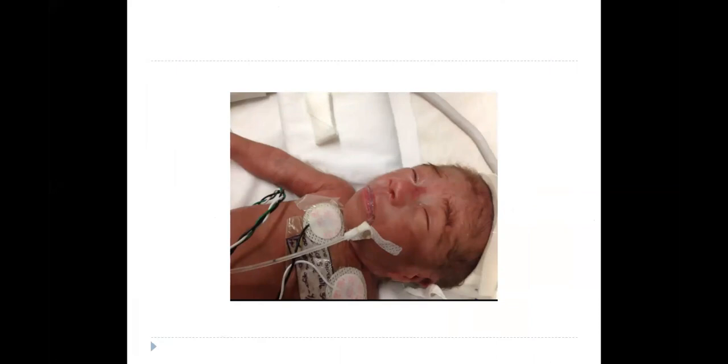But it was interesting that it was a very preterm baby, and they don't use oxygen or CPAP or anything. It was okay with the baby. And when I see the face, I think it was not a normal baby.